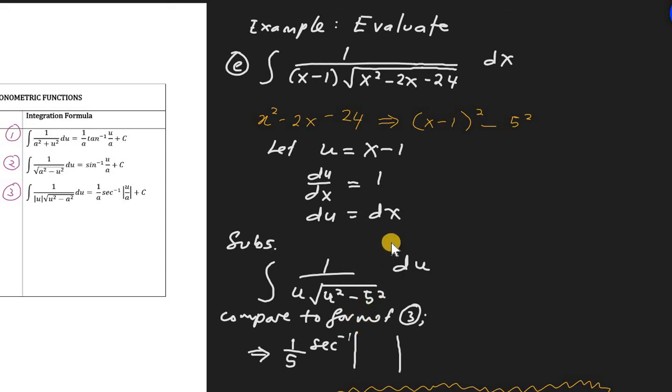So what is the u just now? Let's change it into variable x. u is x minus 1 over a. What is our a here? a is a constant as we compare it. Again, a square, a is 5, plus c. So that is the answer for this type of question.